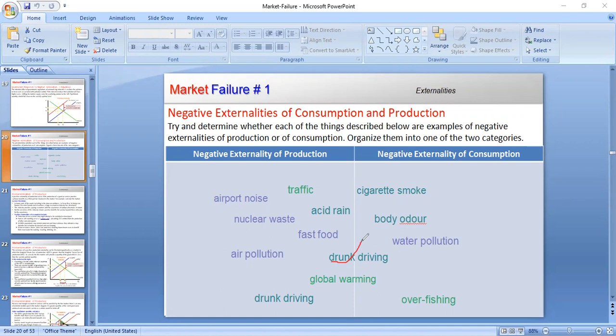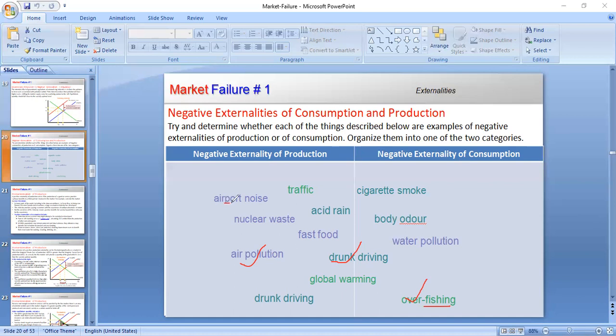It's a negative externality in consumption, because when you drink, you are consuming, right? Then air pollution is a negative externality in what? It is a negative externality of production, because pollution comes as a result of these farms manufacturing during the production process, right? And then overfishing, that is a negative externality in consumption, because the fish is consumed, right?